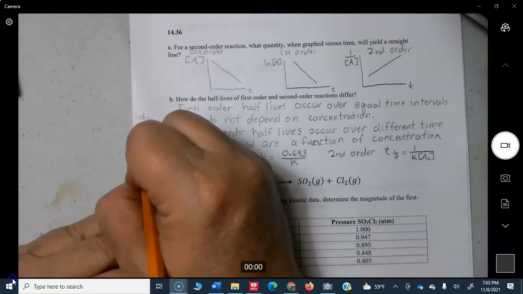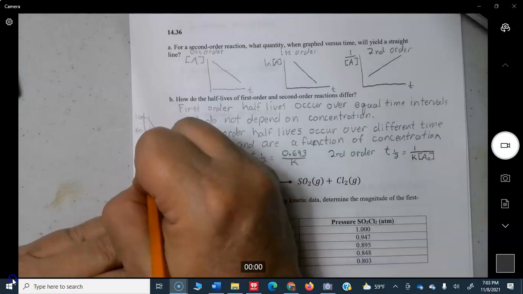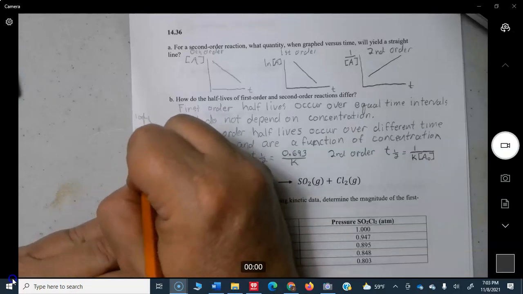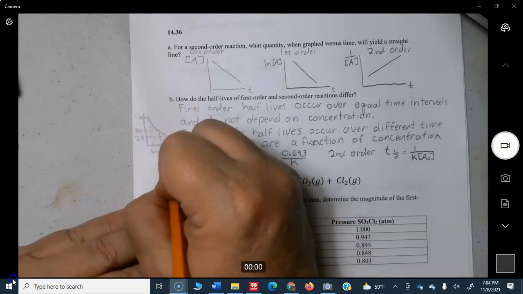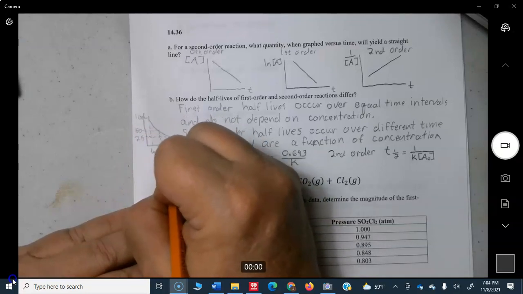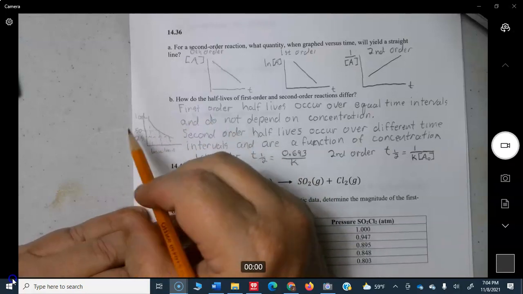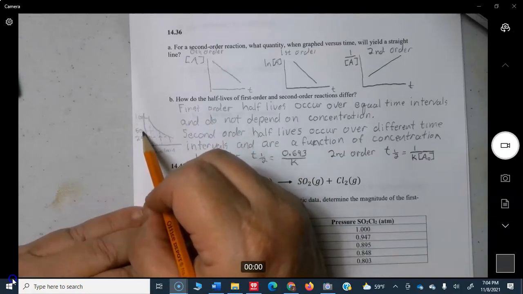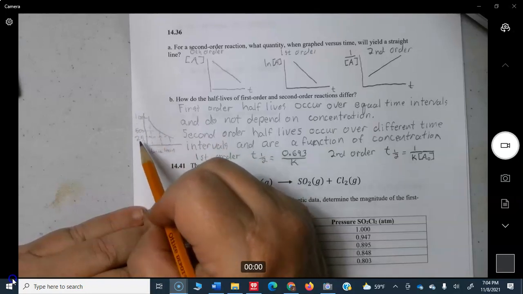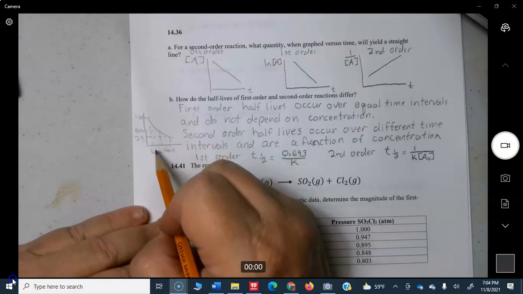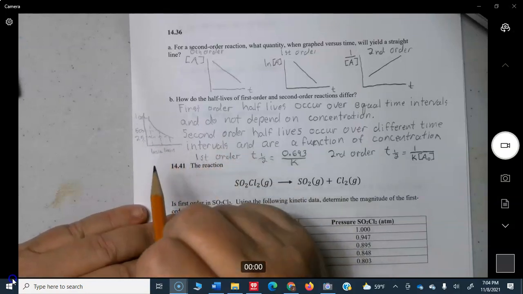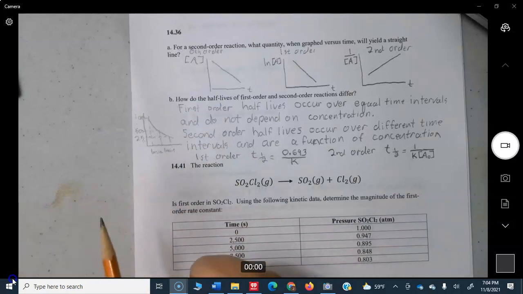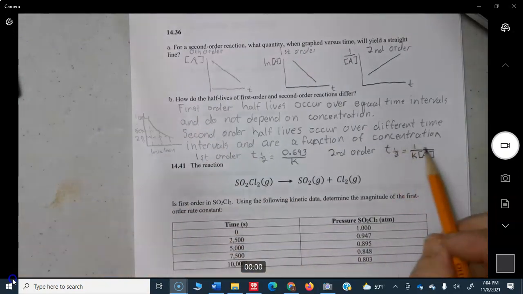Then 50 will be cut in half to 25 in another 1 minute. So the time intervals for first order are equal. You constantly cut it in half, whatever it is. Here it's 100, you cut that in half to 50. Here it's 50, you cut that in half to 25. 25 would be cut in half to 12 and a half, and each of those would take the same time interval of 1 minute. That's true only of a first order reaction. Second order is not quite as neat. It depends on the concentration at the beginning of each time interval, so it's going to be constantly changing.